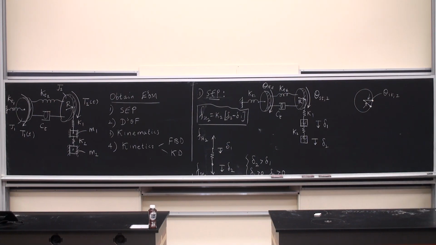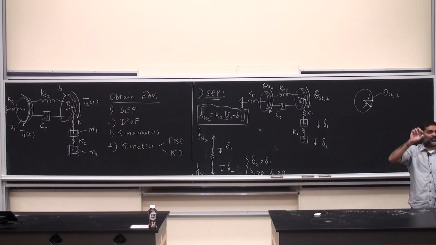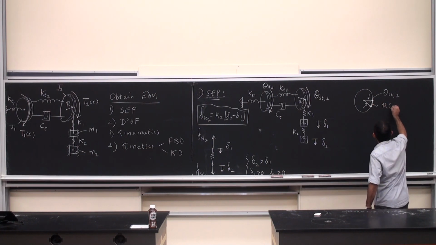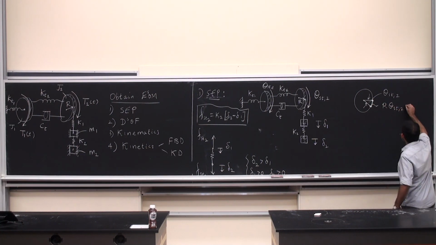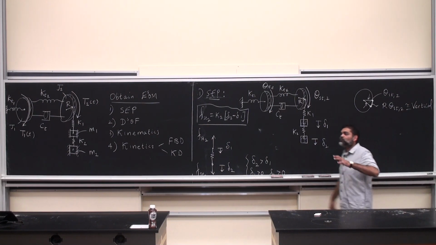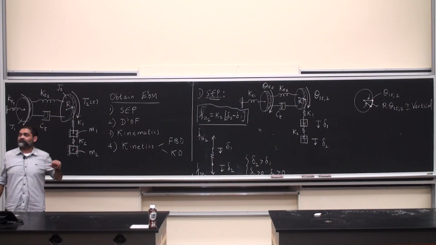The spring was connected to the point that I have marked on the disk, as you can see here. That point is being made to move down because everything is connected to everything else. And so we are going to assume that theta static is very, very small, so that this is almost a vertical distance. Okay? So this distance that is being swept, which is r times theta static 2, is approximately vertical, even though this is an arc length. Are we all on the same page?